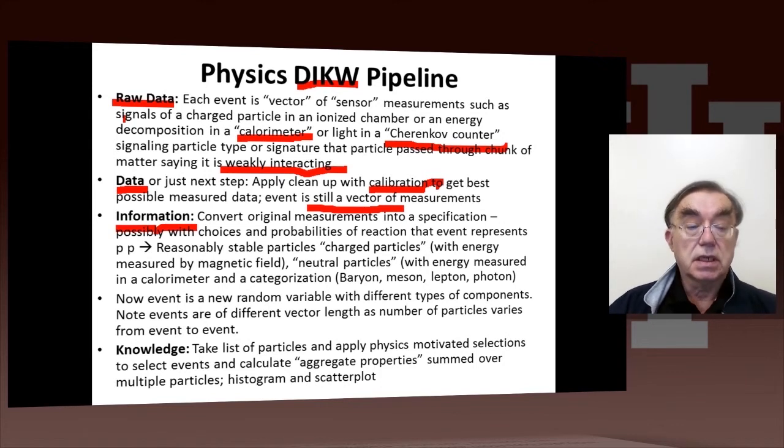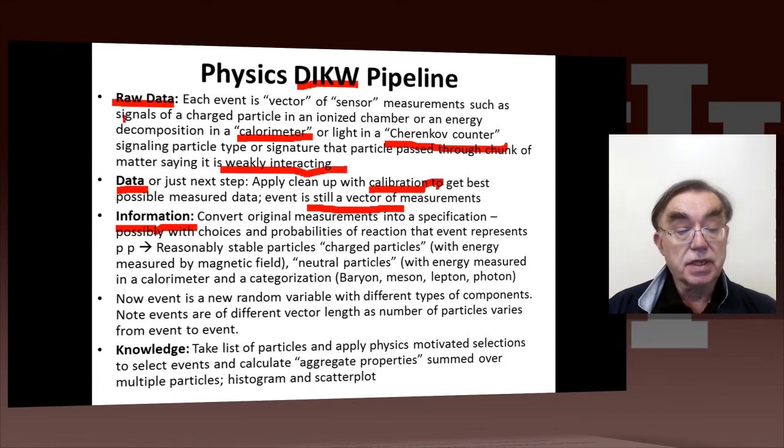Information is, in this case, what happens when the protons collide, represented as a set of final state particles, which are the ones measured in the apparatus. They all have energy values, momentum values, some measure of the charge, and possibly a measure of the type of the particle.